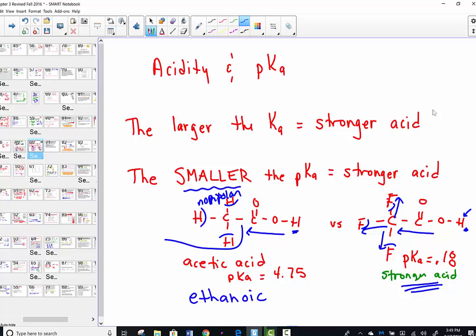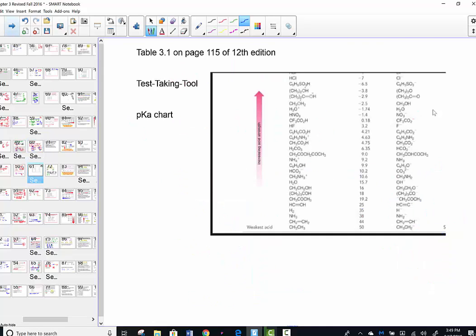The stronger acid would have a larger Ka, but take the negative log, and it turns to a smaller number. Small numbers, strong acid, pKa chart. And that's really what you need to find for yourself in the test-taking tool page provided for you in our Canvas.